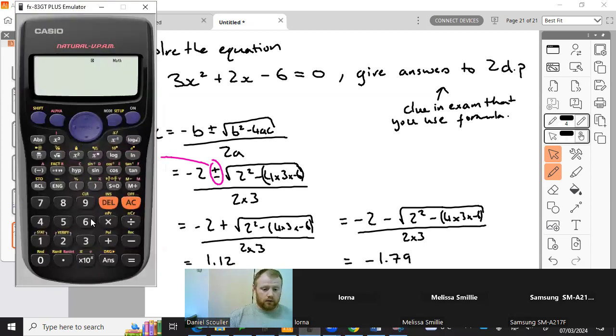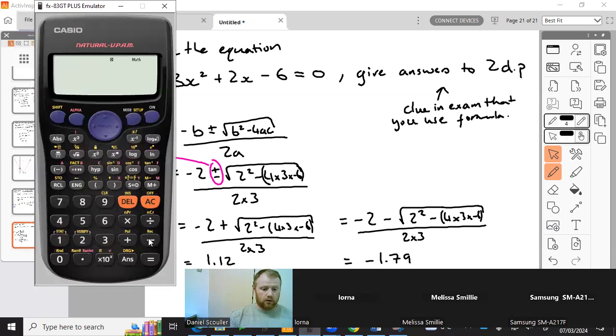Yep, cool. Right. You see my calculator on the screen? Yeah. Let's try that then. Negative 2 plus root of, so 2 squared.